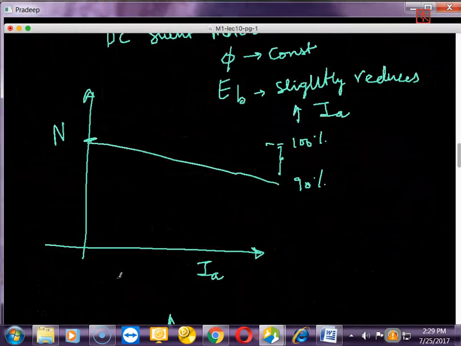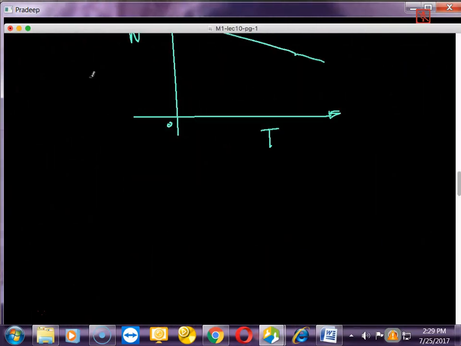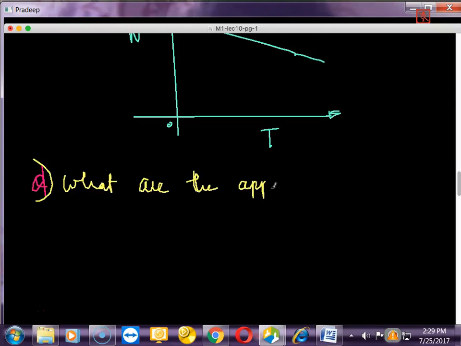Okay, so now the question is, what are the applications of DC shunt motors?